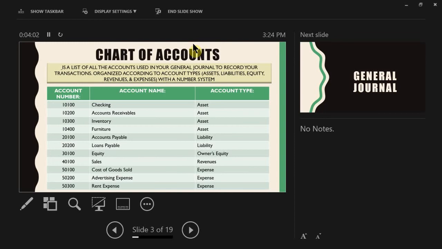And you can have a million accounts, and every time you create an account, sometimes that number is already used, so you might have to create some kind of sequence to be able to differentiate the account names. But yes, it's basically a list of every single account that exists for you to sort out, record, and organize your transactions. Okay?